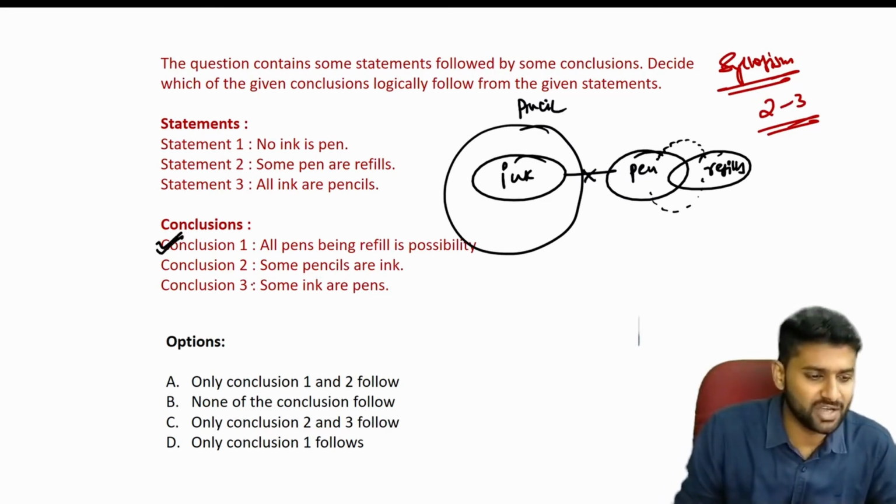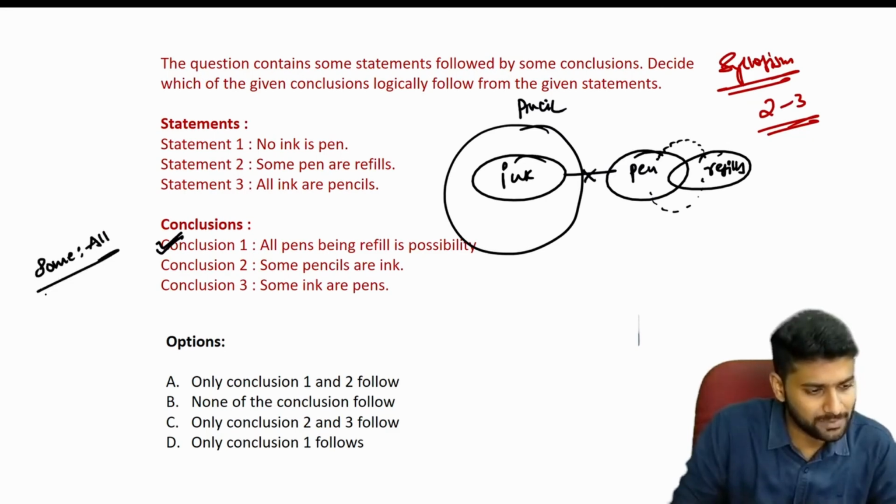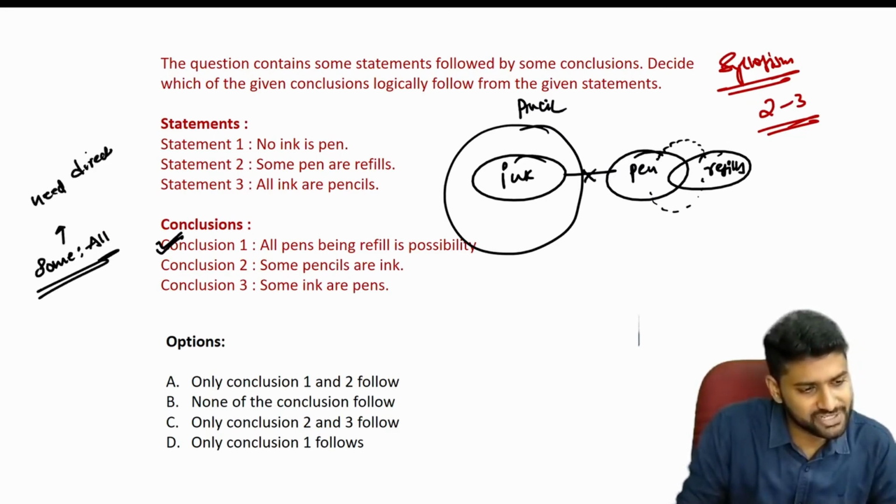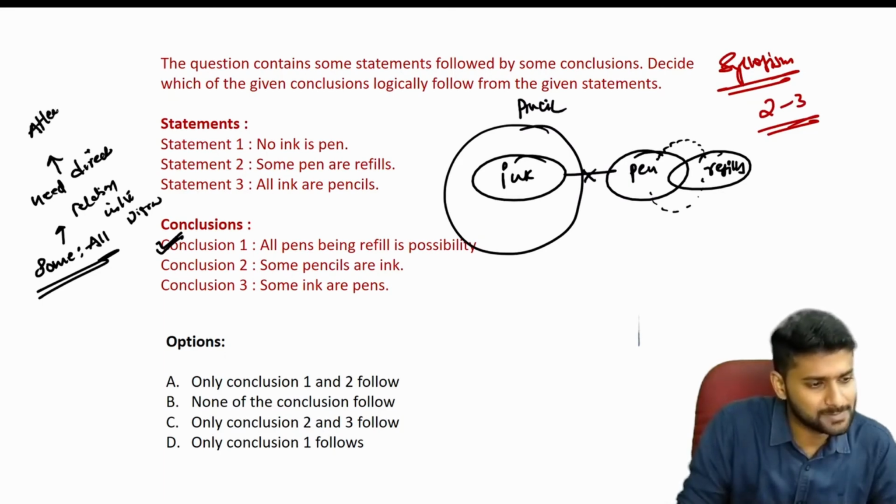Next one, some pencil are ink. Guys, remember that if any conclusions are related to all, some, they need a direct relation in the diagram. It means it needs at least overlapping.